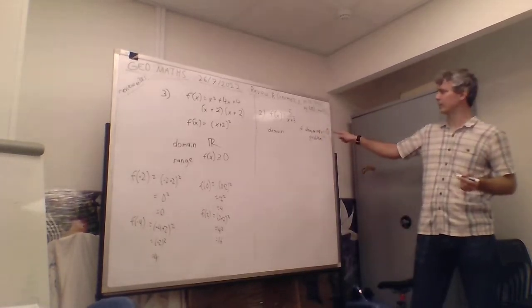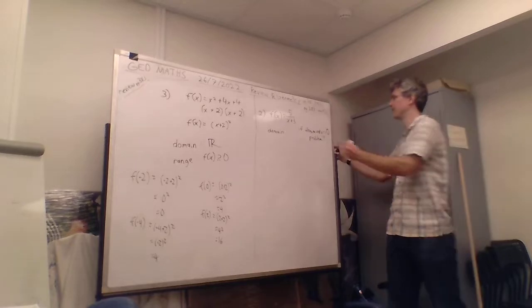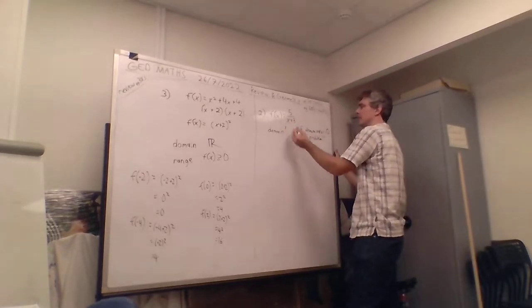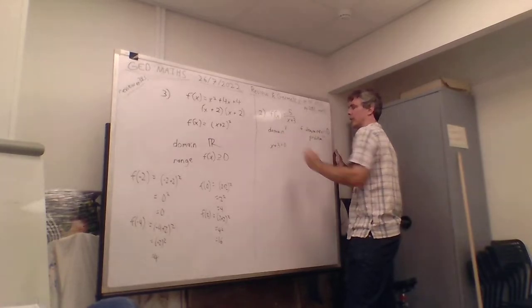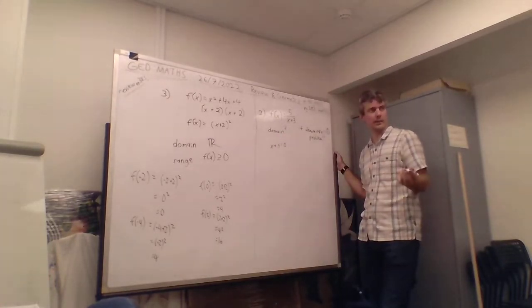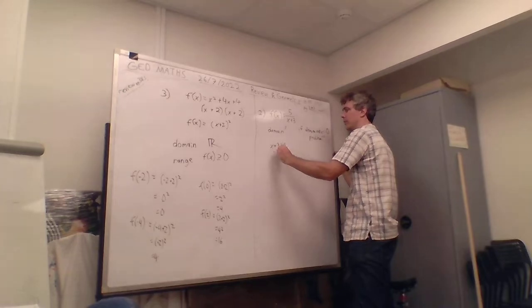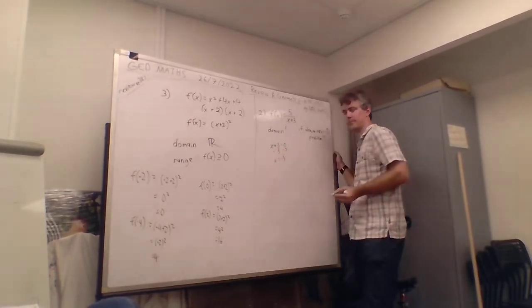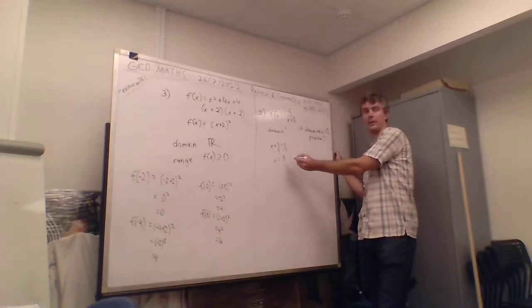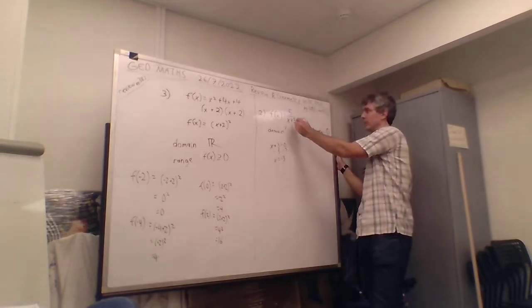If the denominator equals 0, we have a problem. So what you can do is take the denominator and say x plus 3 equals 0, and solve for x. We subtract 3 from both sides. x equals minus 3. So this is the problem. If x is minus 3, we will have a 0 here.